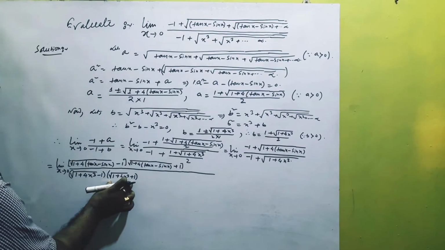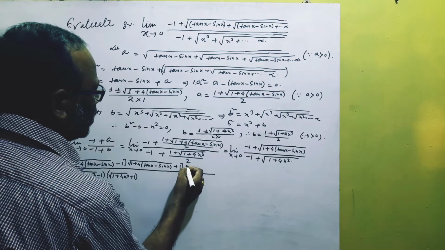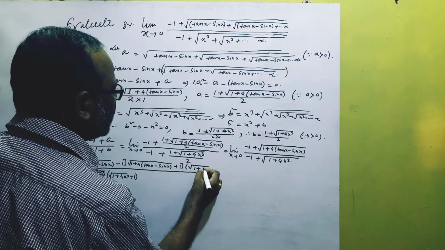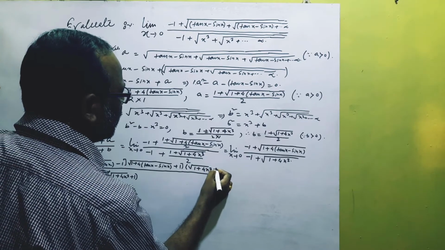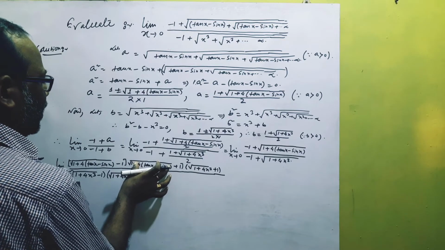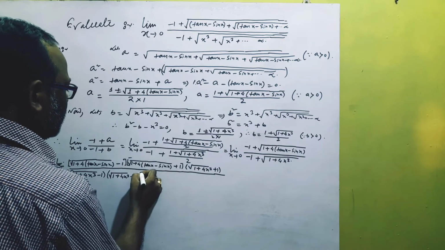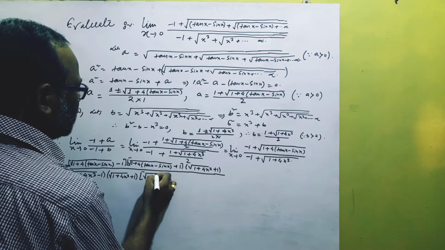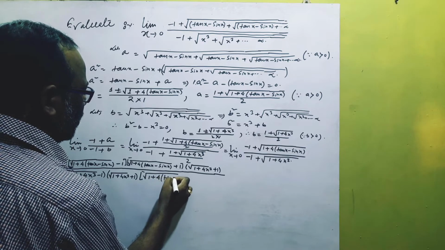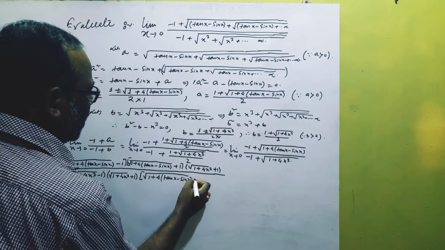Now see, as it is multiplied in the denominator, it is also multiplied in the numerator by this radical factor, √(1 + 4x³) + 1, and this is the factor which I multiply on both the numerator and denominator parts. Okay, see, this is √(1 + 4(tan x − sin x)) + 1.